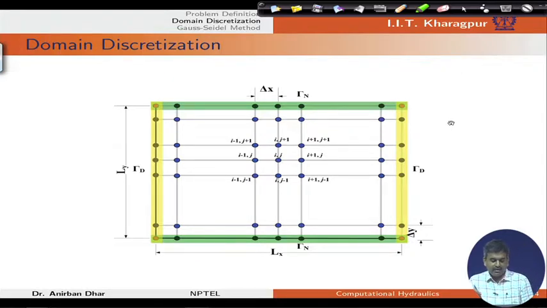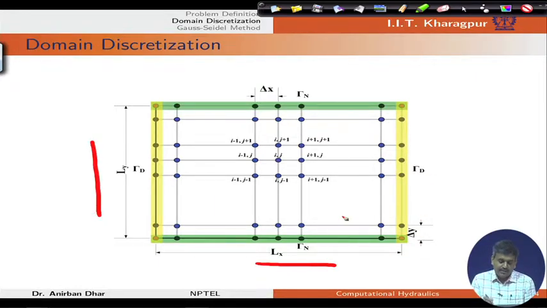Domain discretization: this is Lx, this is Ly, this is del y, del x, and if we consider any general interior node i j, these are the neighboring nodes.